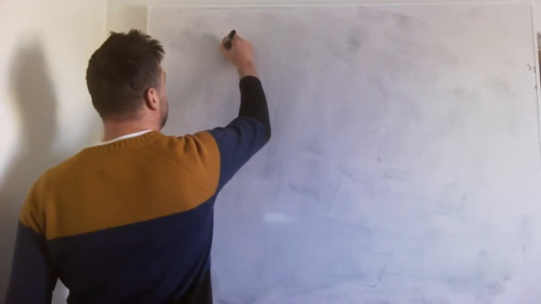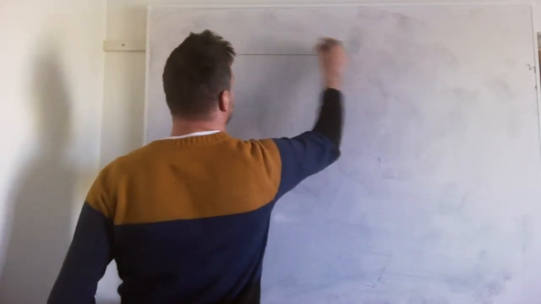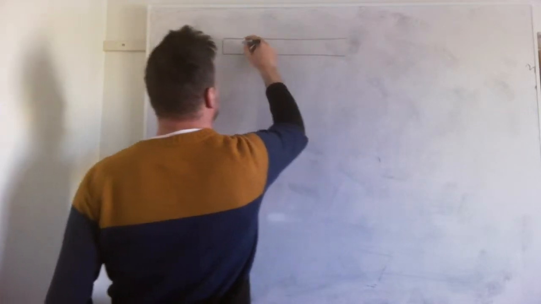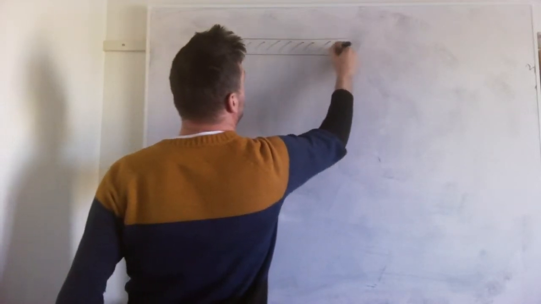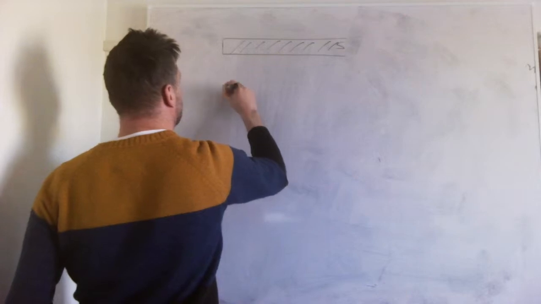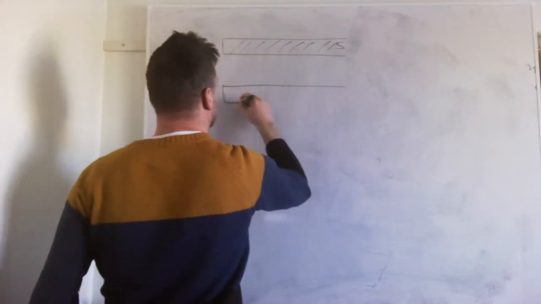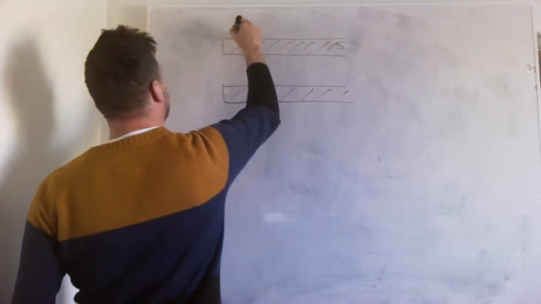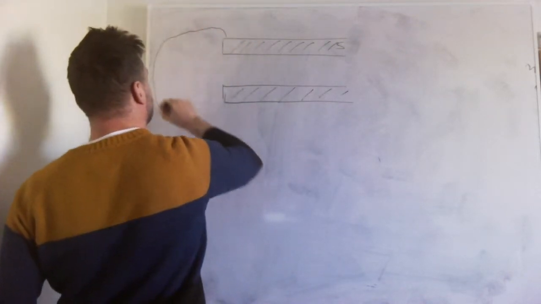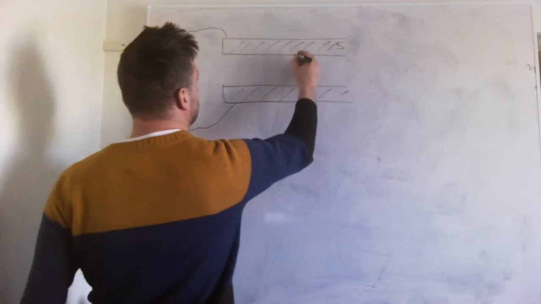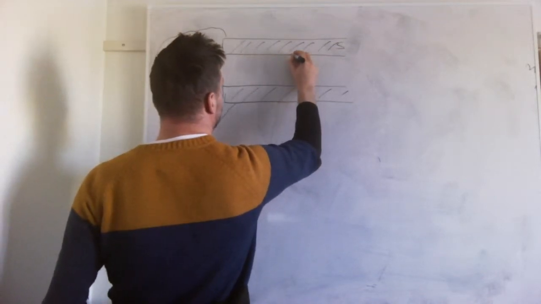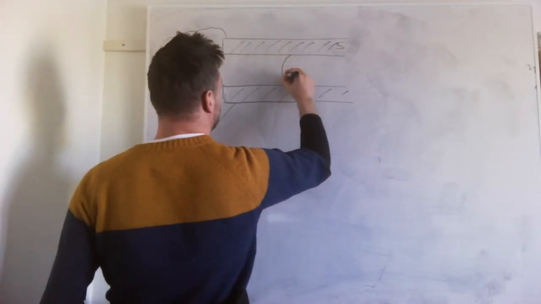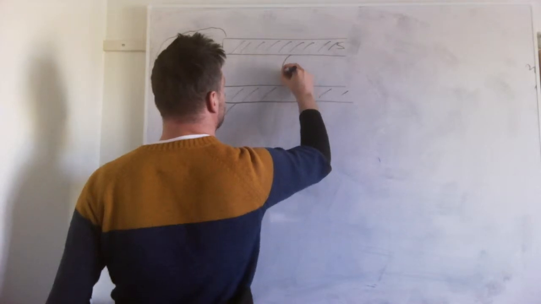So let's consider a capillary channel with a solid wall. And I have a large liquid droplet here, and I have a capillary filling with the front looking something like this.